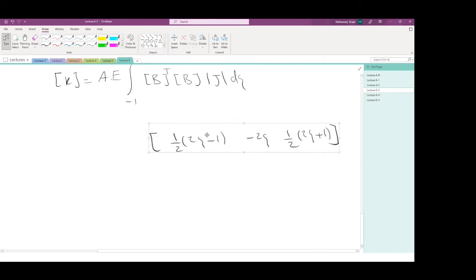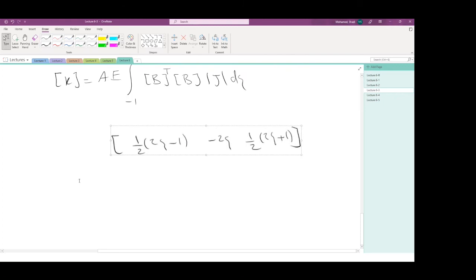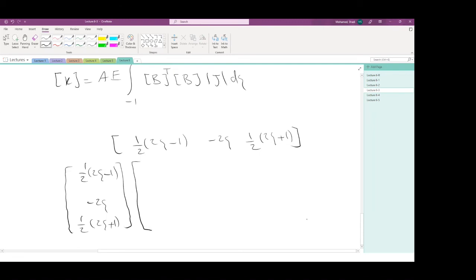So this is the B matrix. And the transpose of the B matrix is going to be half 2 psi minus 1, and then minus 2 psi, and then half 2 psi plus 1. So this is the result.